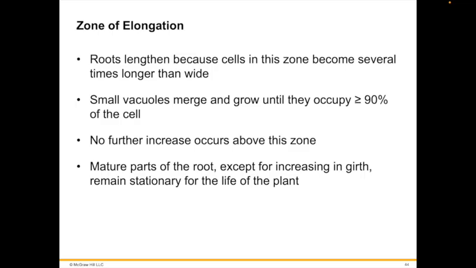In the zone of elongation, roots lengthen because the cells produced by the primary meristems elongate. The small vacuoles merge and grow until they occupy 90% or more of the volume of the cell.